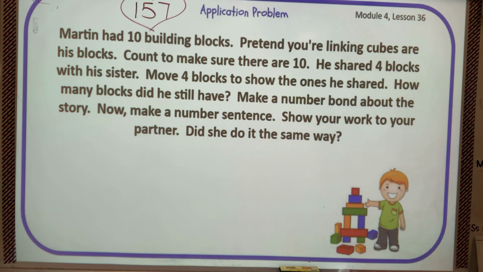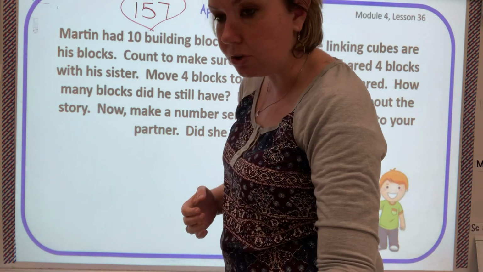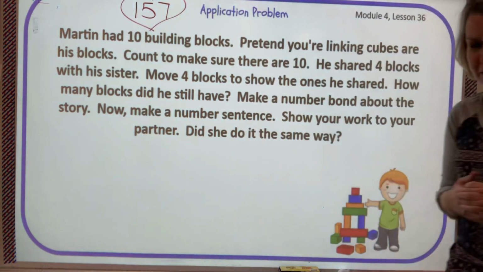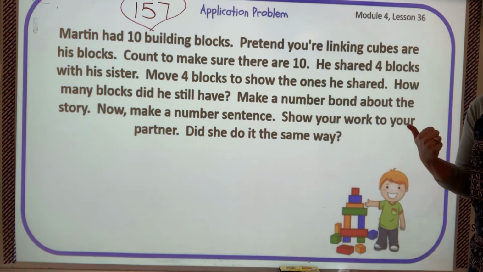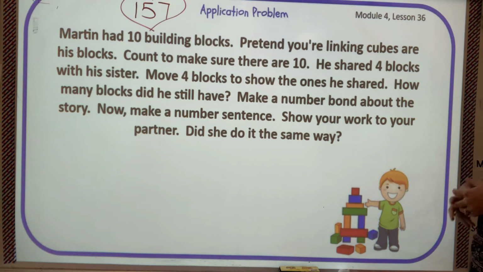If you have your linking cubes, you can use your linking cubes. I would get all 10 of them. If you do not have your linking cubes and you want to draw on your paper, you can do that as well. So you can use your cubes or you can draw. That's up to you. All right, let's read the whole story.